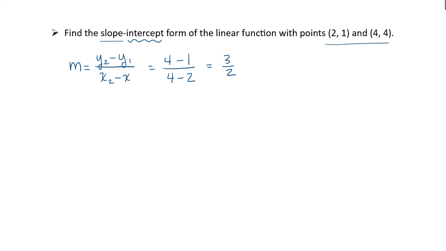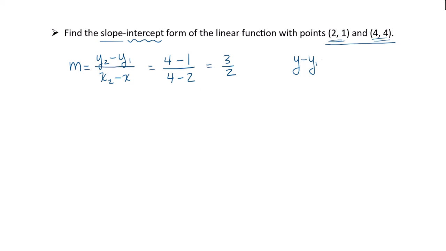Now we need to have the y-intercept. Neither one of these are a y-intercept, so we're going to need to use the point-slope formula because these are just two non-special points, and use one of the points with the slope with the point-slope formula, and then solve to eventually get it into the slope-intercept form. So I'll write the formula down again here.